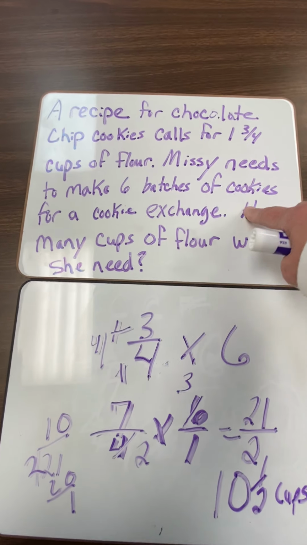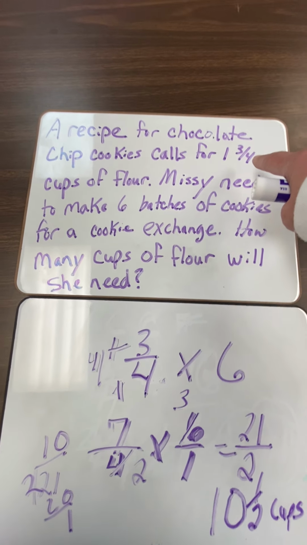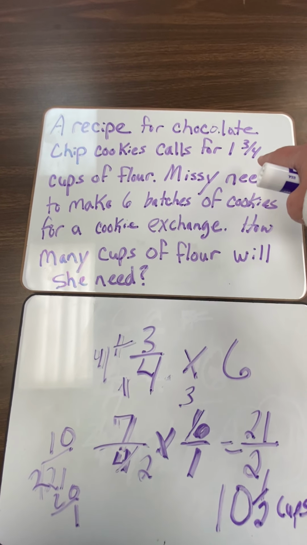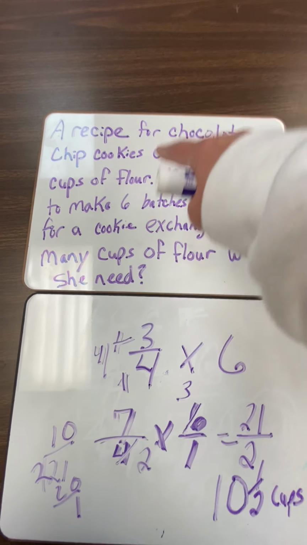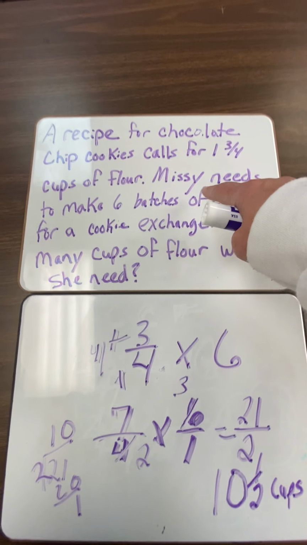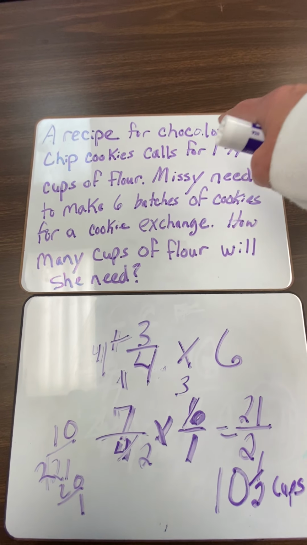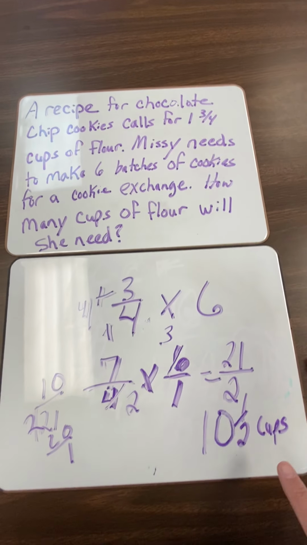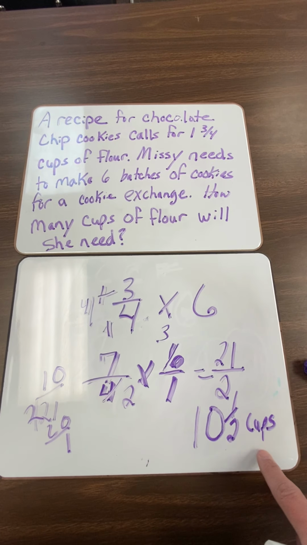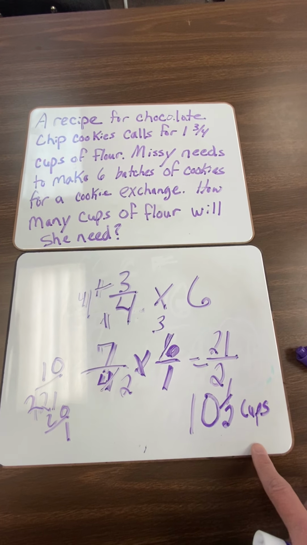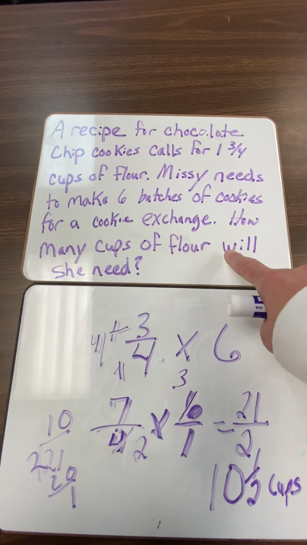If we round 1 3/4 up to a whole, it would be 2, right? If we had 2 cups for every 6 batches, it would be 12 cups of flour, wouldn't it? So if it's 1 3/4, then 10 1/2 would be a reasonable answer for the problem.